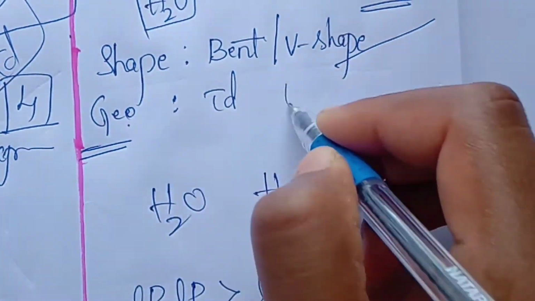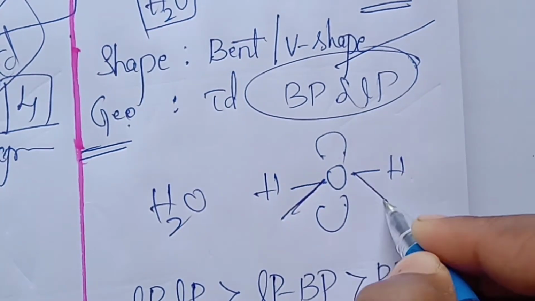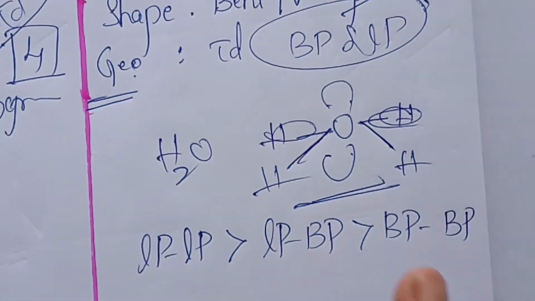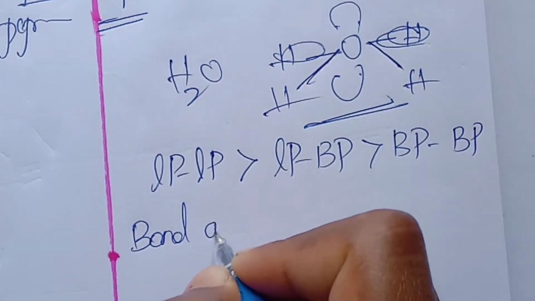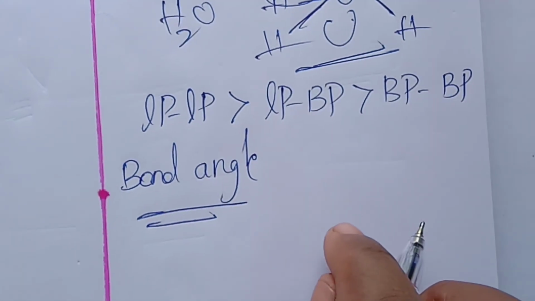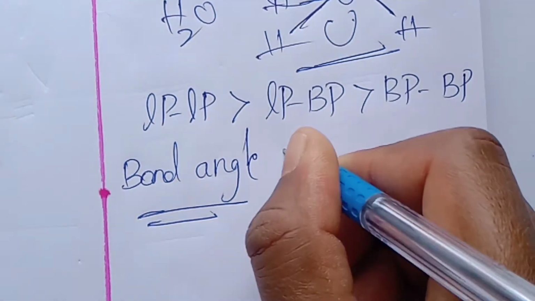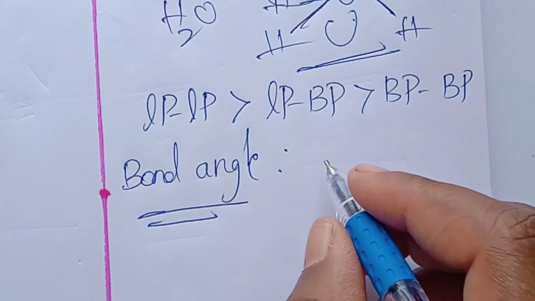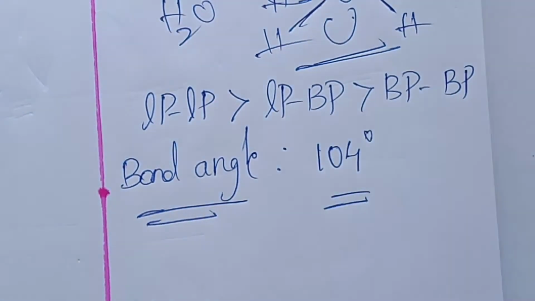Then geometry: both bond pairs and lone pairs are considered. Here, bent shape, tetrahedral will be acquired. Then bond angle. Here two lone pairs are present, so the bond angle will be 104 degrees.